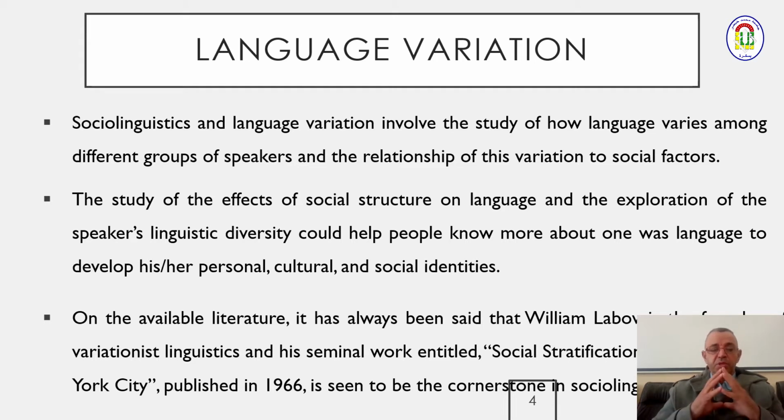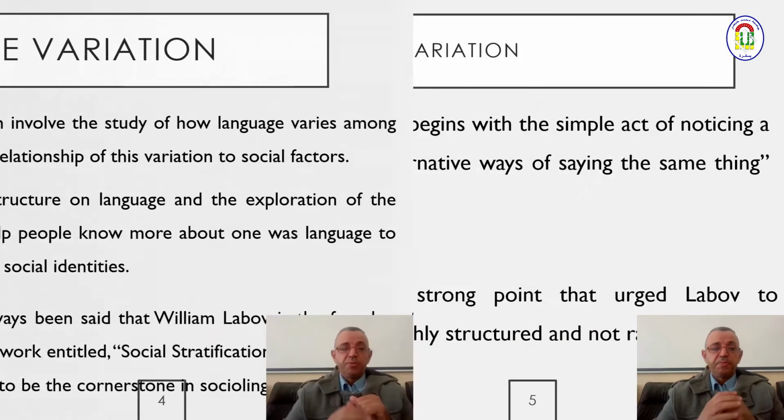Of course, in the available literature, it has always been said that William Labov is the one who initiated language variation, a language variationist, through his famous study on this issue.